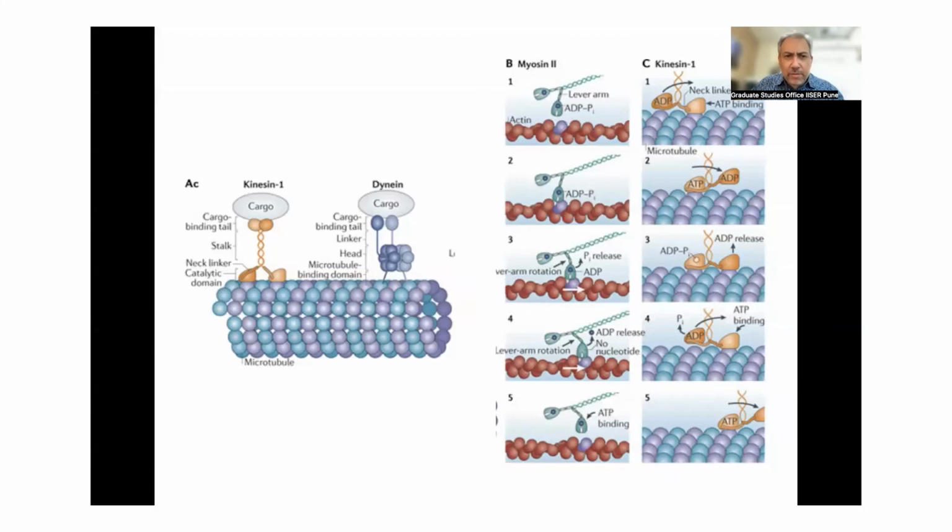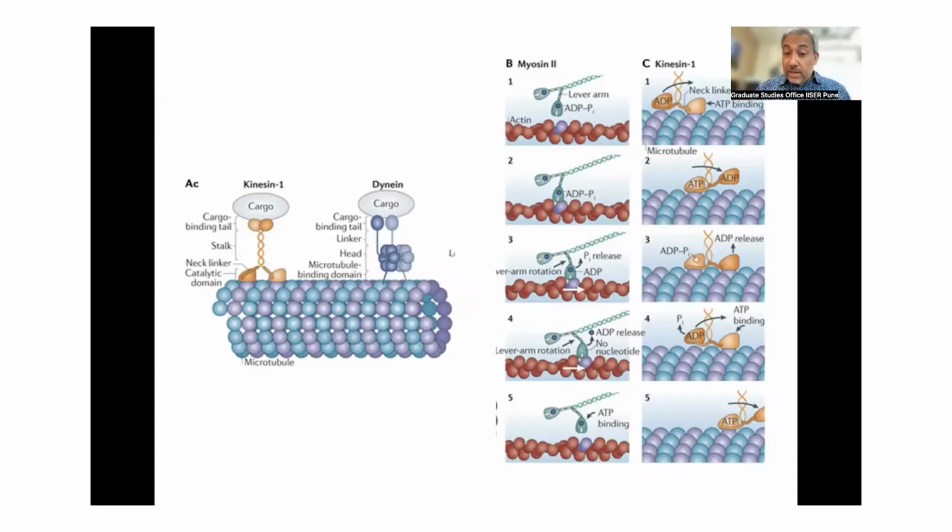And this is just to give you a comparison between the motor proteins. On the right, you can see myosin and kinesin. Again, this is an ATP dependent process. As we talked about actin and microtubules coming together requiring energy, we now see that the motor proteins and their mobility along the cytoskeleton is also an energy dependent process.